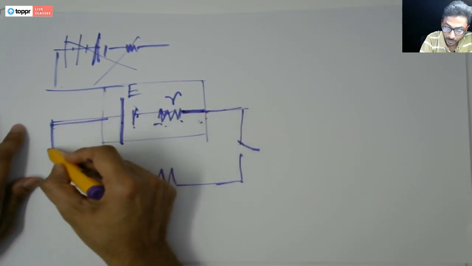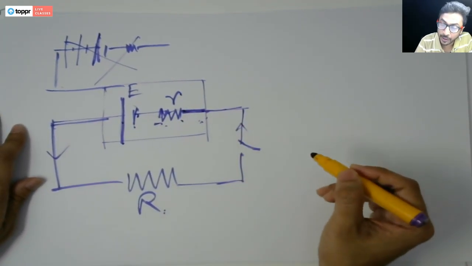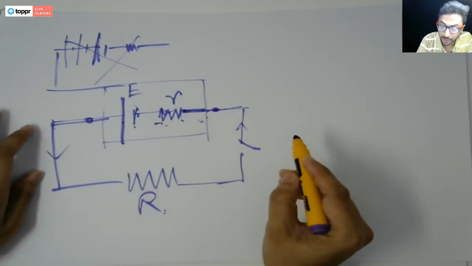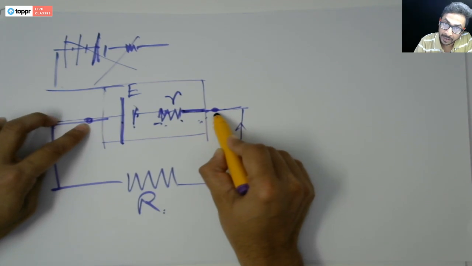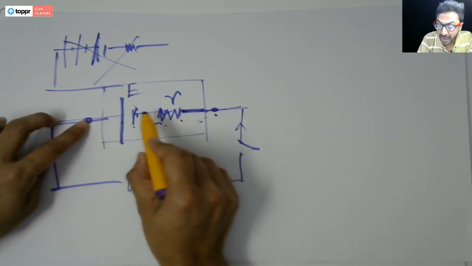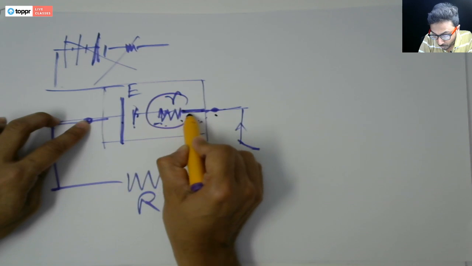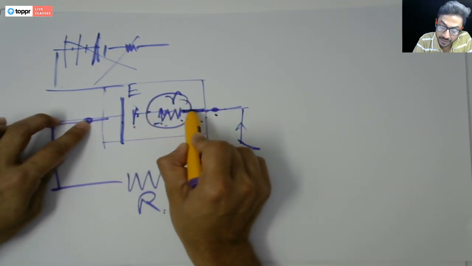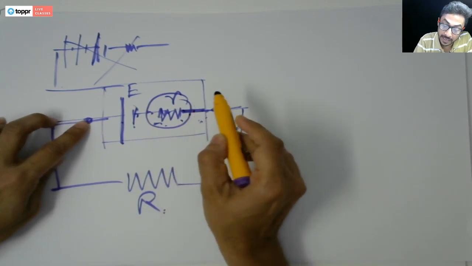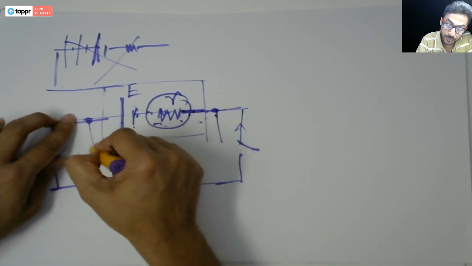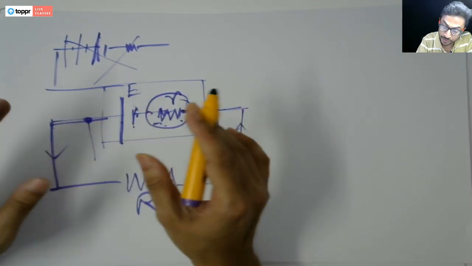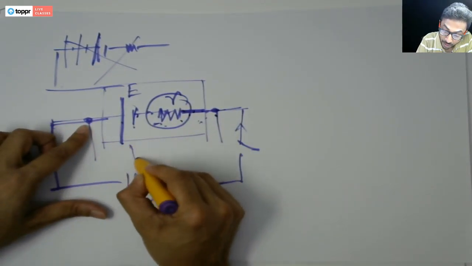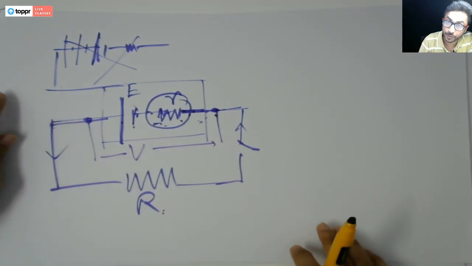Now what happens when current flows through it? When current flows through it, there must be a drop across the cell, right? And because there is a drop within this internal resistance, the voltage that we see across the terminals is not E, but it's called V, which is the terminal voltage.